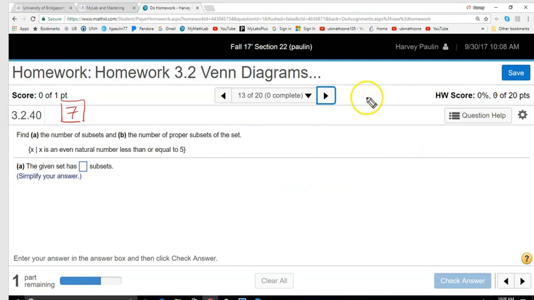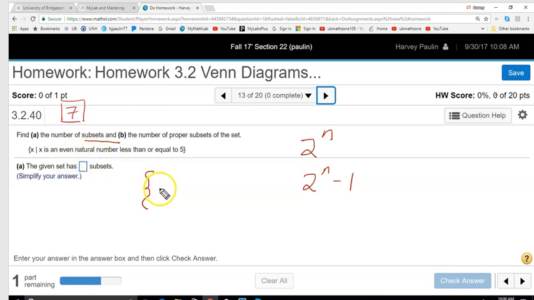Now, for number 7, we want to find the number of subsets. Again, that would be 2 to the n. And then proper subsets, 2 to the n minus 1. But here they're giving us a set builder statement. X is an even natural number less than or equal to 5. So we have to define our set in roster notation.